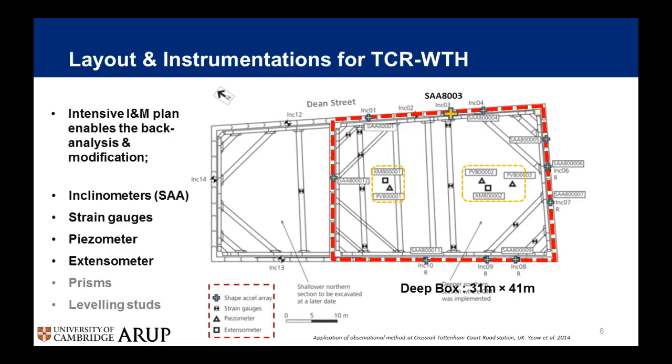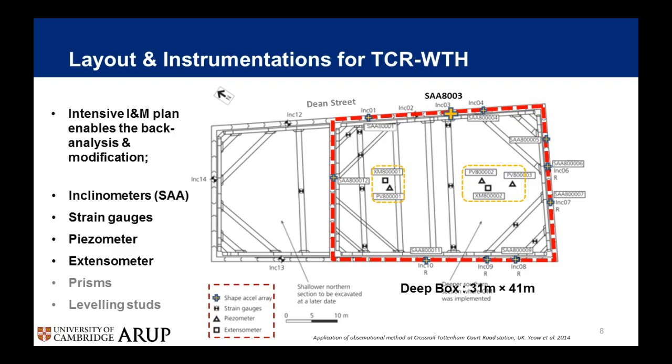And here we have the layout plan for the instrumentation and monitoring plan. Initially, this intensive monitoring plan was developed for asset protection, but thanks to it, we got lots of monitoring data, which made back analysis possible and enabled the modification of the design.